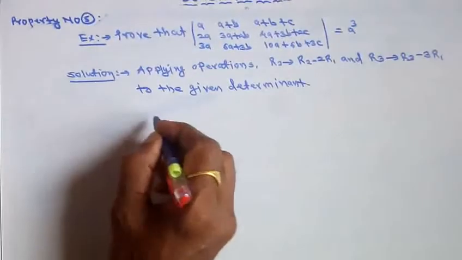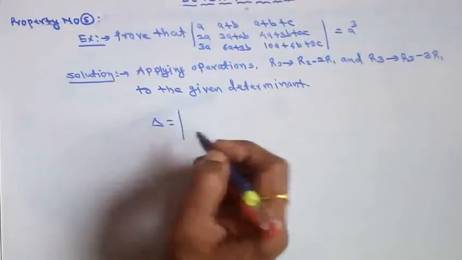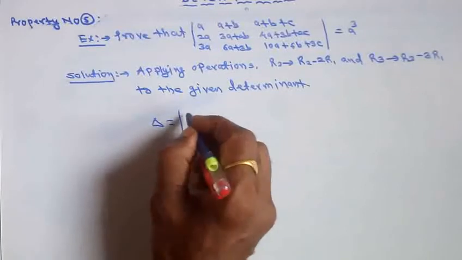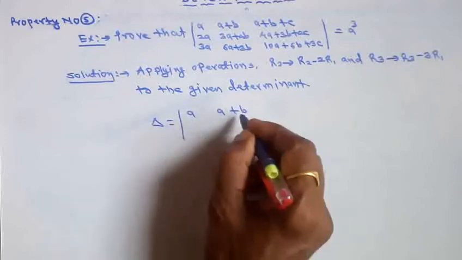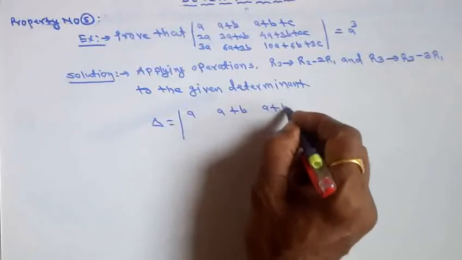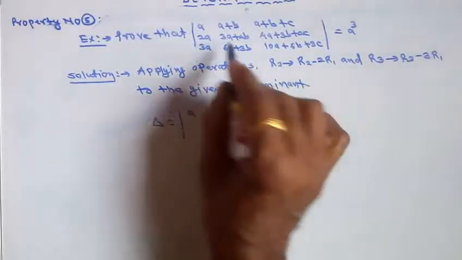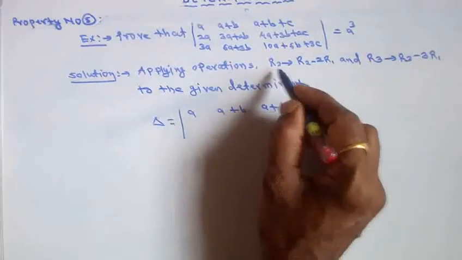This is delta, so delta becomes, write the first row as it is: a plus b, a plus b plus c. I am not changing R1, only R2 and R3.